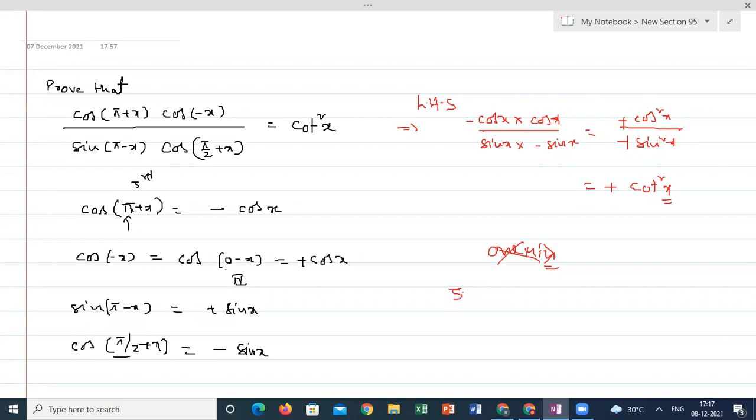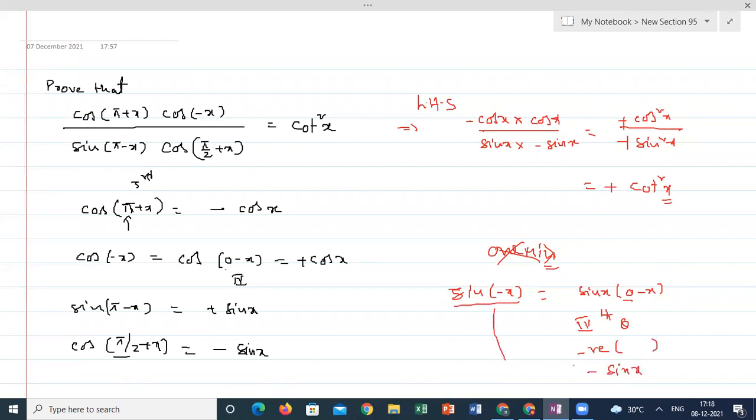If it's given sine of minus x, is it equal to minus sine x? Yeah, sine of minus x will be equal to minus sine x because sine of minus x can be written as 0 minus x, which is in the fourth quadrant, correct? In the fourth quadrant, sine is negative. 0 gives the same angle, so the same ratio will come because of 0. So minus sine x is the answer.